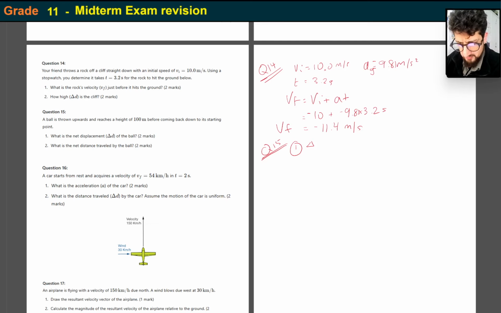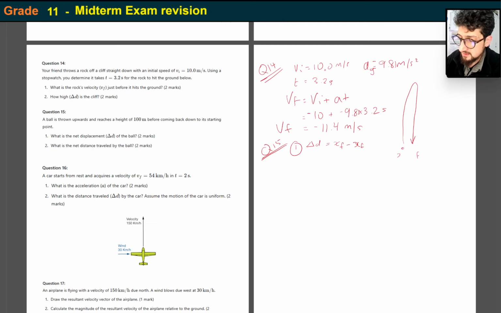Where were we? Displacement. Yeah, so displacement is going to be final xf minus xi, which just happens to be back where we started. So this is xi. It goes up and it comes down. And this is xf. It's the same actually.